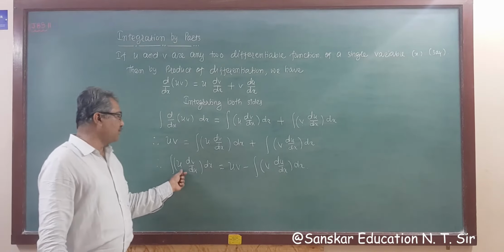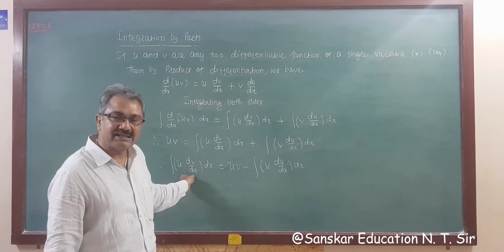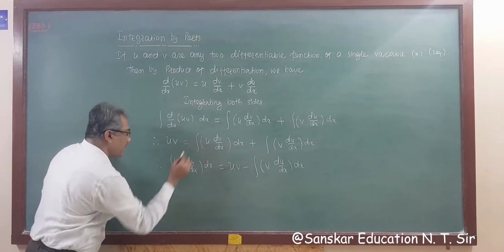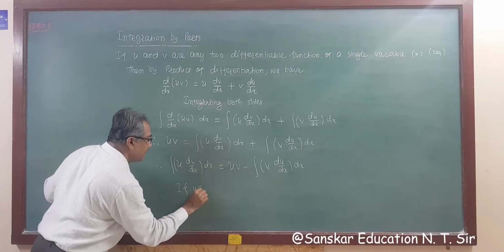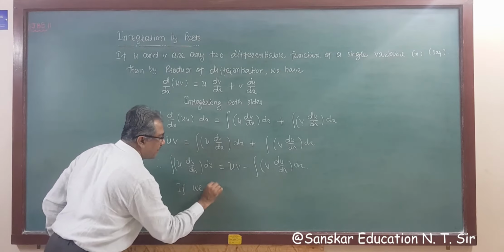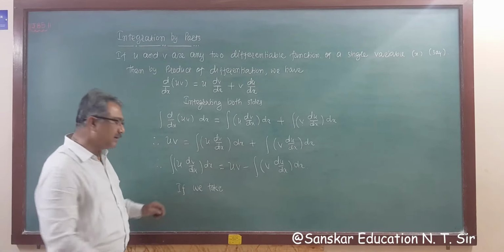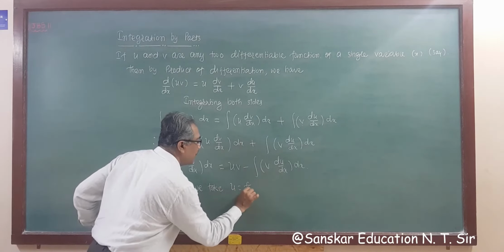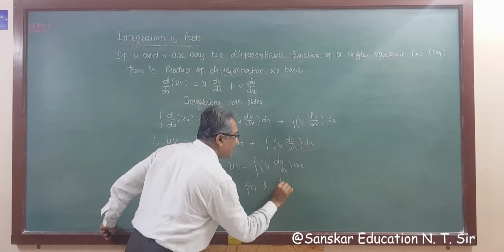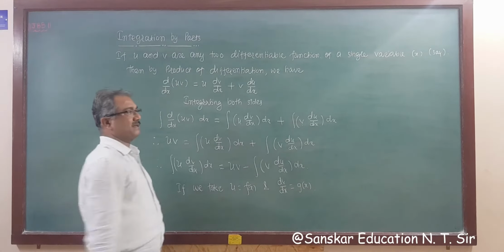Now if we take u as f(x), one function, and dv/dx as g(x), another function, so the product of these two functions, then u is equal to f(x) and dv/dx is equal to g(x), right?